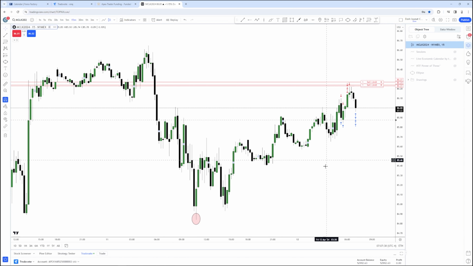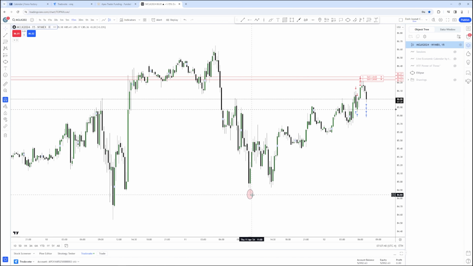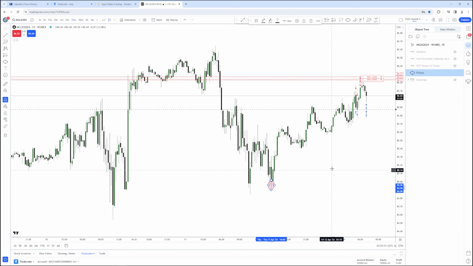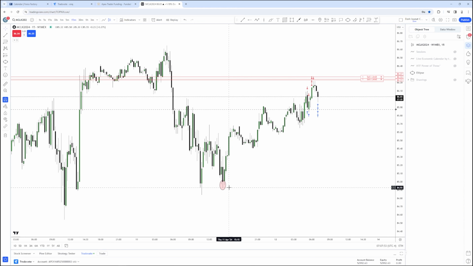There you go. You see, this right here is the area that we entered yesterday, if you recall. That sent price up, or was it this one? Maybe it was this one. The last resort down here, yeah, that sent price all the way up. Remember this area, go to the beginning of this video and I told you that.